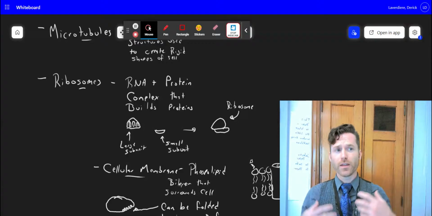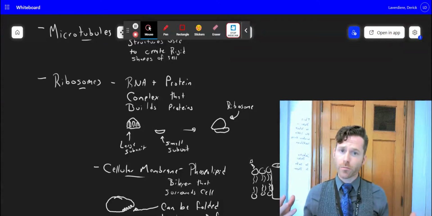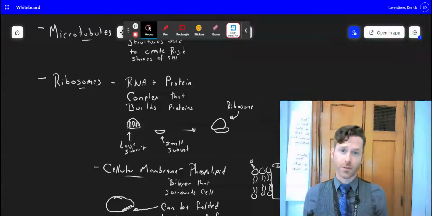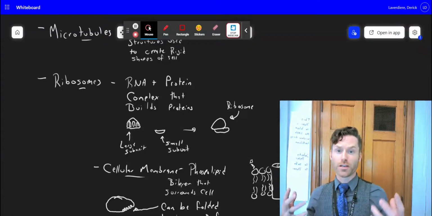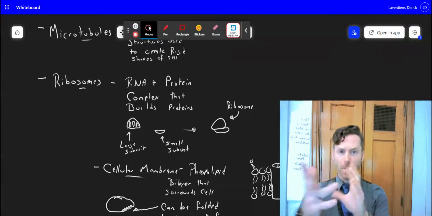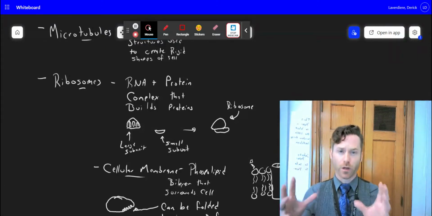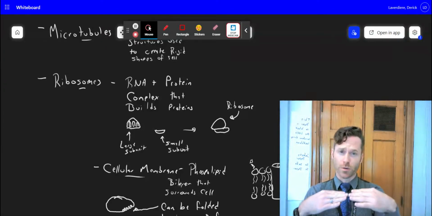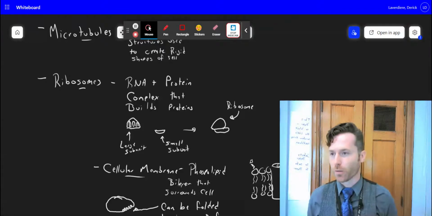The structure of the ribosome is comprised of two components, a large subunit and a small subunit. They're made out of proteins and RNA, and they're kind of like hamburger buns. The large subunit's the top hamburger bun, and the small subunit's the bottom hamburger bun.